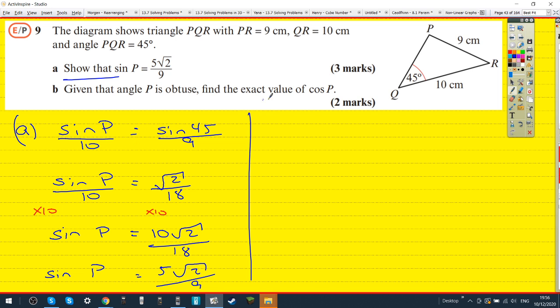Okay. Question B. So could you write out as 1 minus sine squared P equals 5 square root 2 over 9?